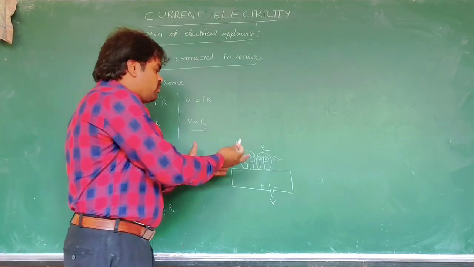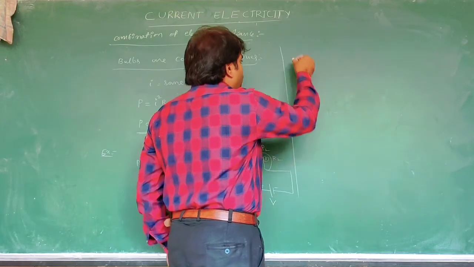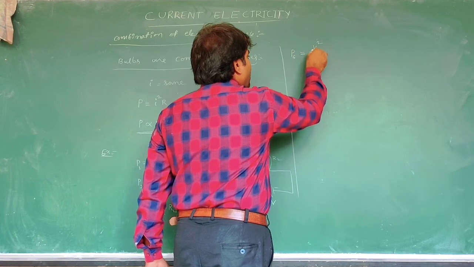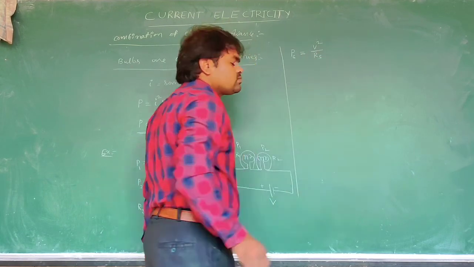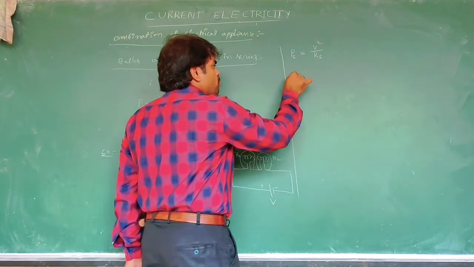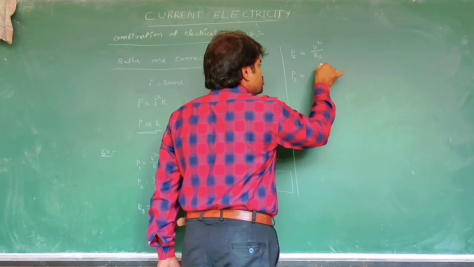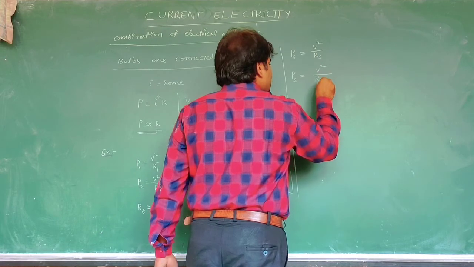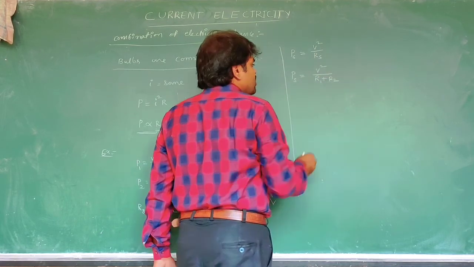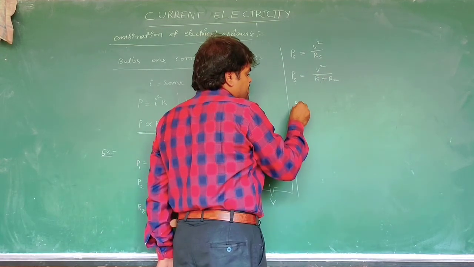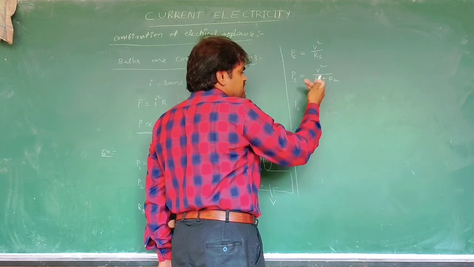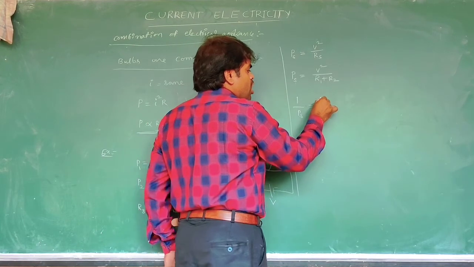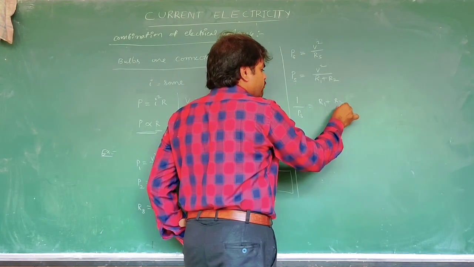In the series combination, the power dissipated is Ps is equal to V square by Rs, where Rs is R1 plus R2. Taking the reciprocal, we get 1 by Ps is equal to (R1 plus R2) by V square.